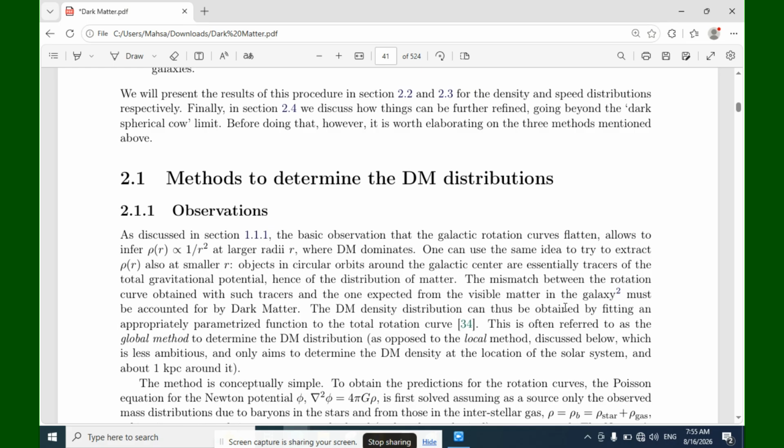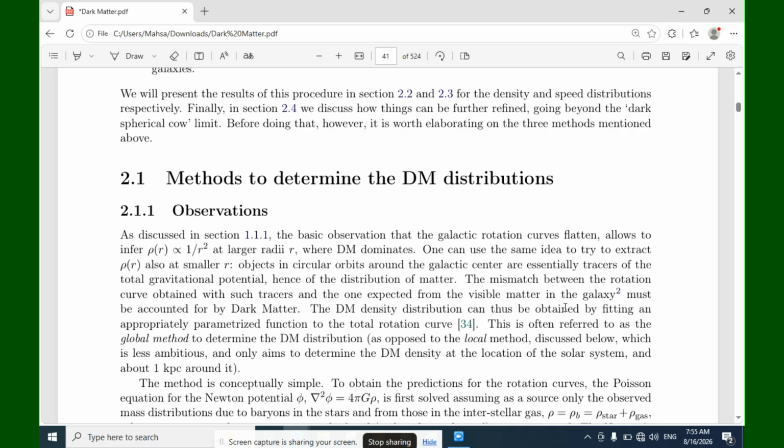One can use the same idea to try to extract ρ(r) also at smaller r. Objects in circular orbits around the galactic center are essentially tracers of the total gravitational potential, hence the distribution of matter. The mismatch between the rotation curve obtained with such tracers and the one expected from the visible matter in the galaxy must be accounted for by dark matter.